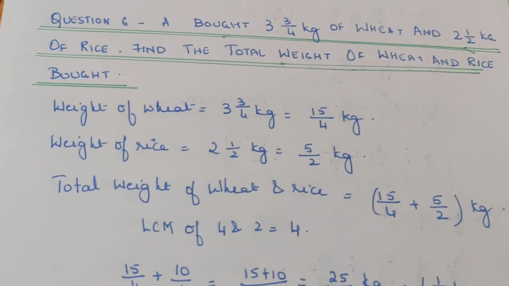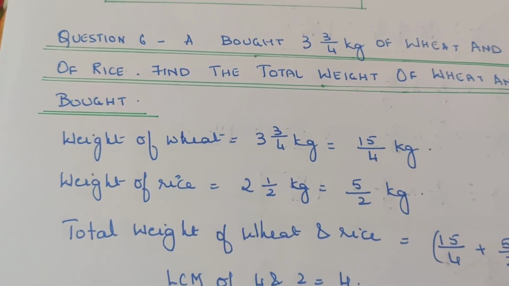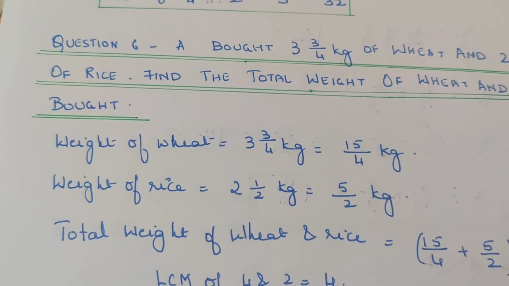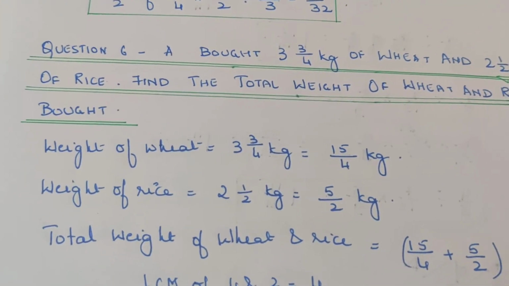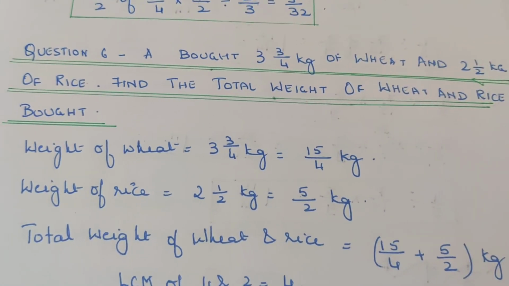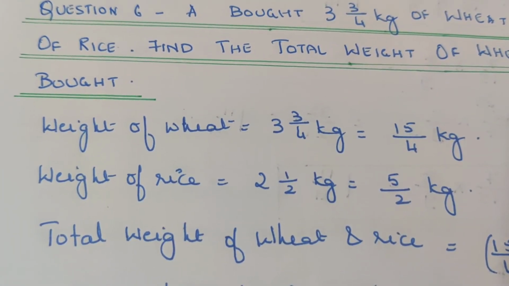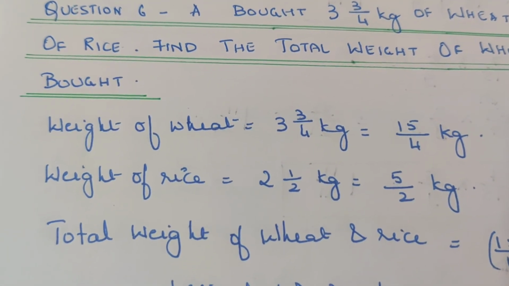Let's do the sixth sum also and then we can end this video. A bought 3 3/4 kg of wheat and 2 1/2 kg of rice. Find the total weight of wheat and rice bought. Weight of wheat is equal to 3 3/4 kg.